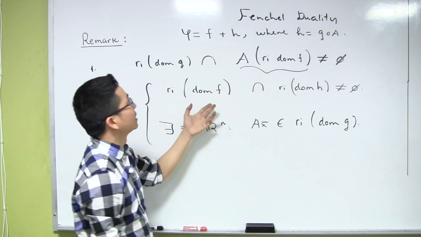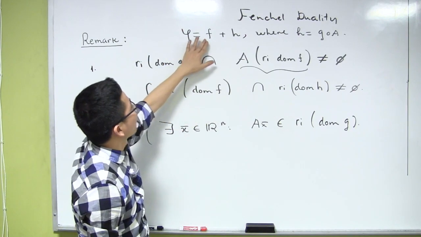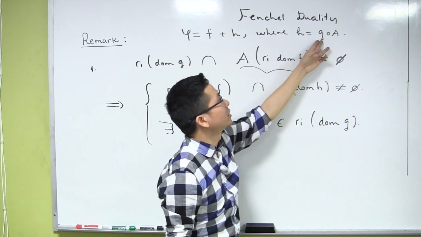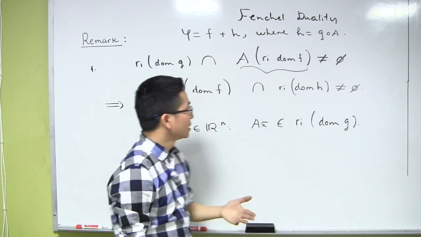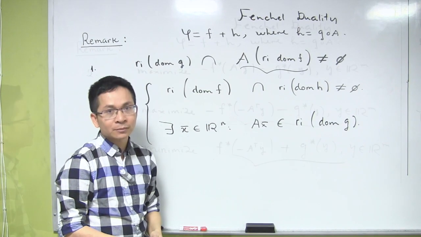So we can apply both the Fenchel conjugate sum rule for f and h and the Fenchel conjugate chain rule for the composition of g and A. That is an exercise, we can work it out at home.